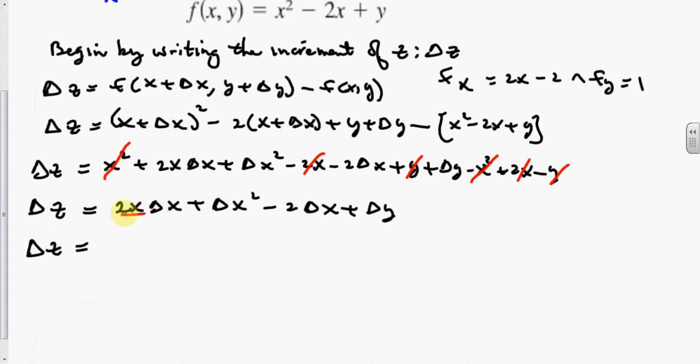So here I have a 2x, I have a minus 2. So this is 2x minus 2. They're both times delta x. Right? And then now, plus I look for a delta y. 1 times delta y. There it is right there. You see that 1 right there is 1 times delta y. Right? So here, I write this as plus 1 times delta y.